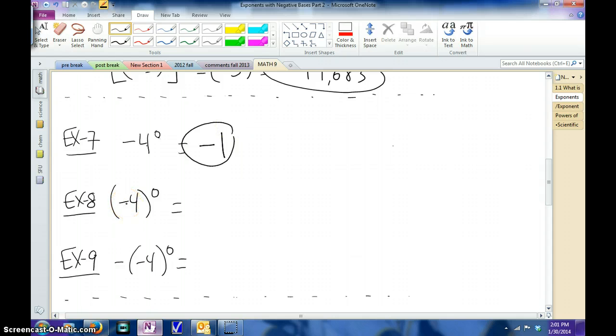Here, we have an interesting situation. When it's brackets, we have to worry about that whole odd-even thing. Is it negative or positive? Well, what is 0? Is 0 negative or positive? Really, it's neither. But when you think of the pattern 0, 1, 2, 3, 4, that's even, that's odd, that's even, that's odd. Let's consider 0 to be an even number, even though I'm sure some math people are probably yelling at me for even saying that.